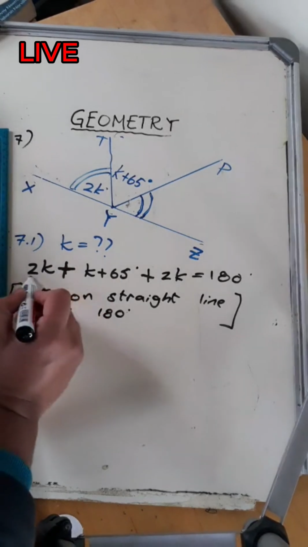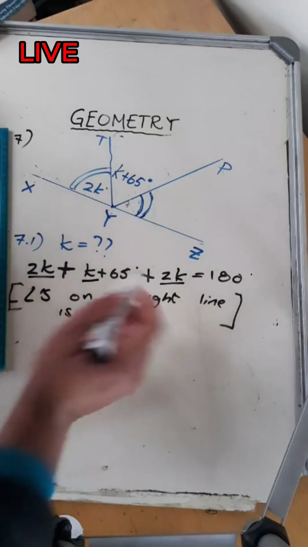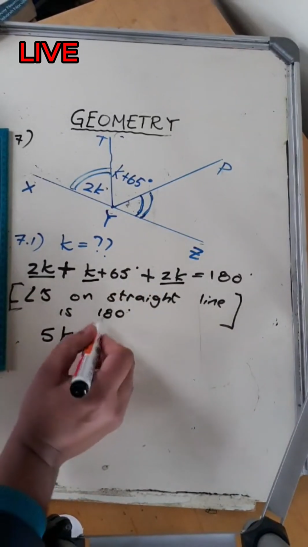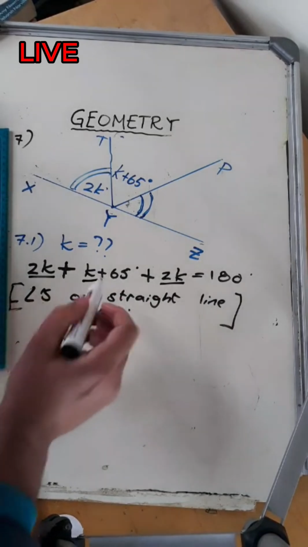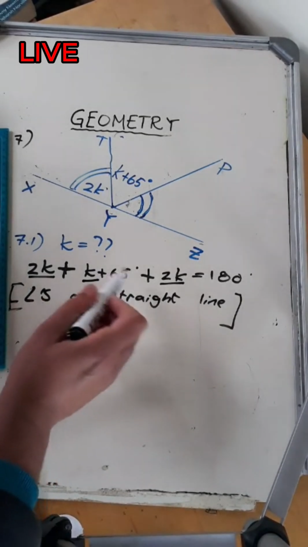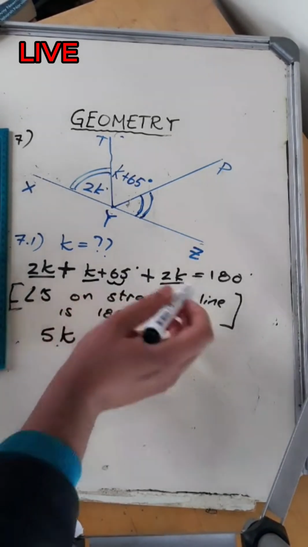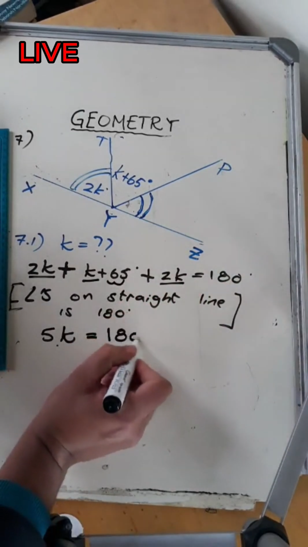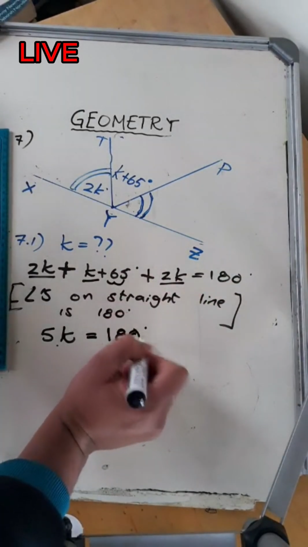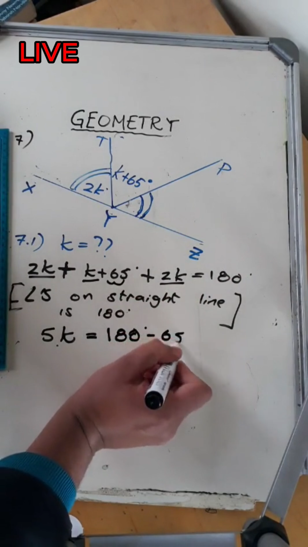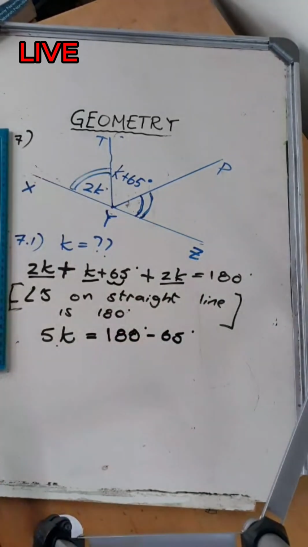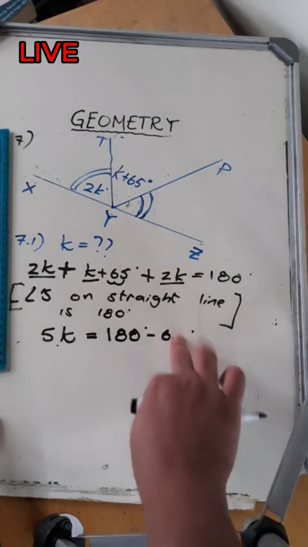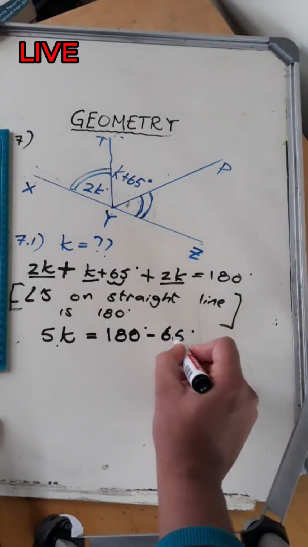So this and this are like terms, so that's going to be 5k equal to, there's only this one, so what I'm going to do is I'm also going to put it on that side, so it's going to be 180 minus 65 degrees.